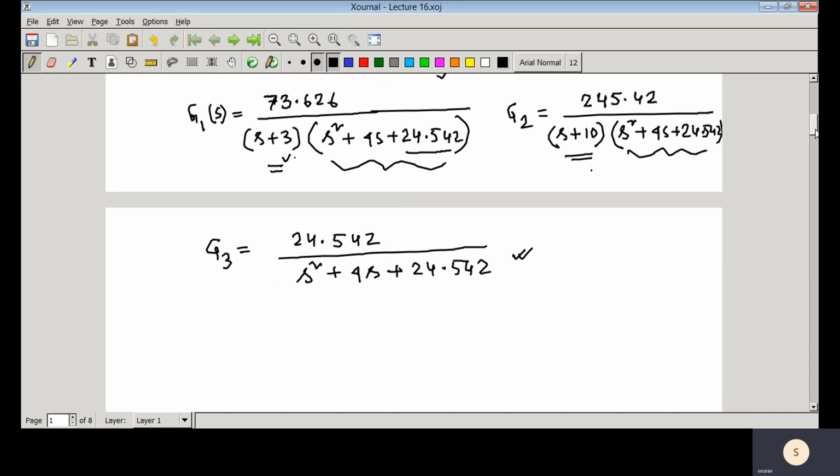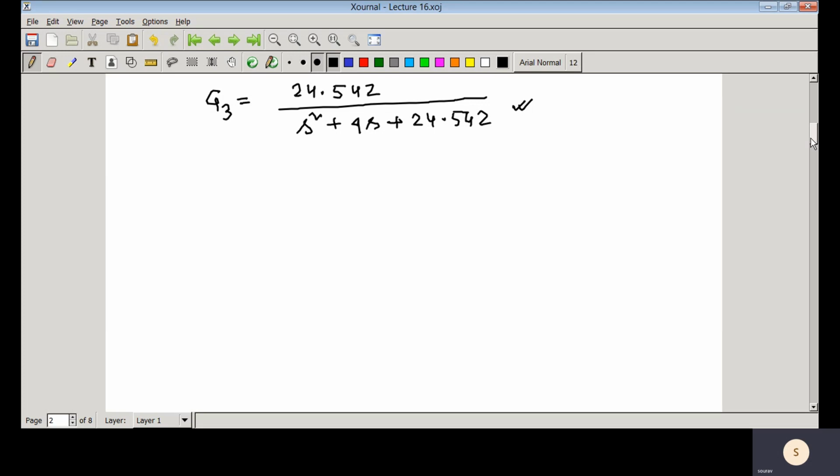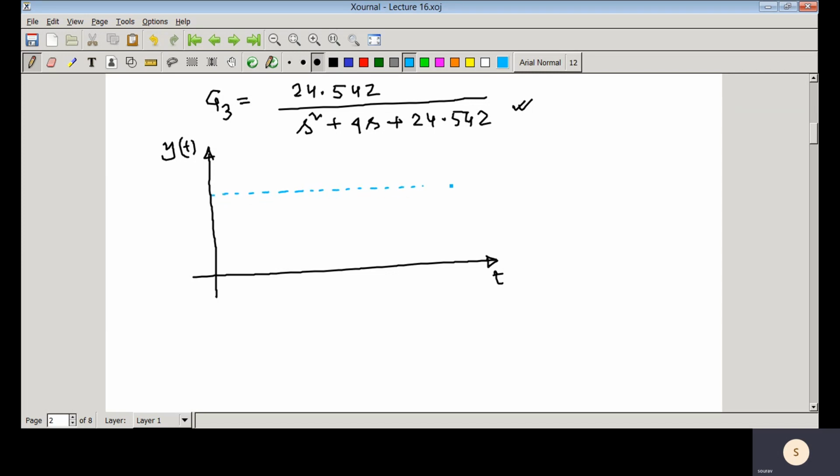So now let us see what the time response would be. If you plot the outputs obtained from these three transfer functions, so that is t, and here you have y(t), and suppose this is the applied unit input.